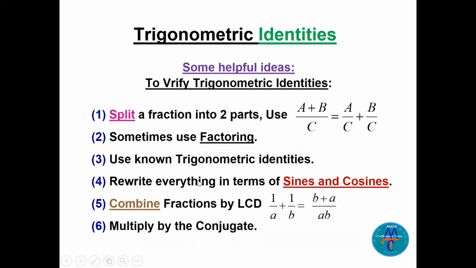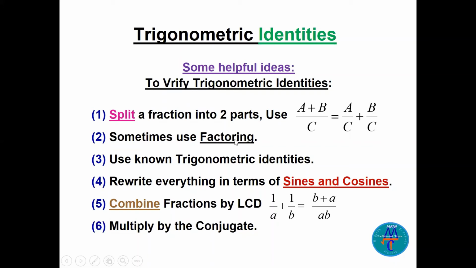Now, let's see some hints or ideas to help you show that an equation is an identity. I put here 6 ideas you can use. You can split one fraction like this: if you have (a plus b) over c, you can split it into 2 fractions.